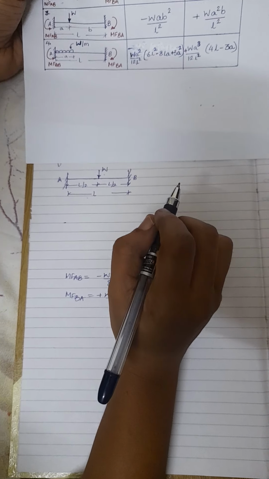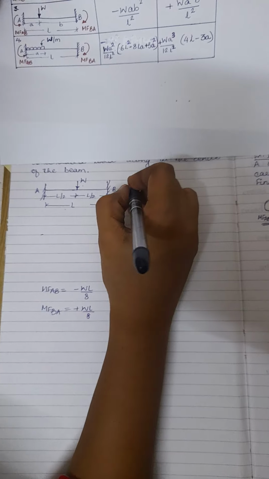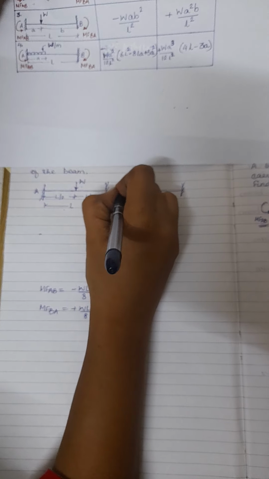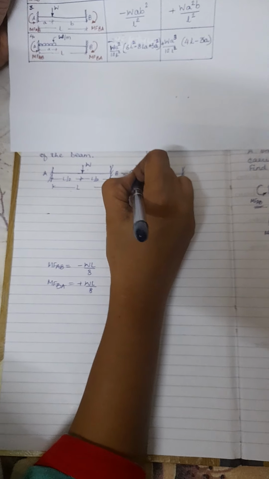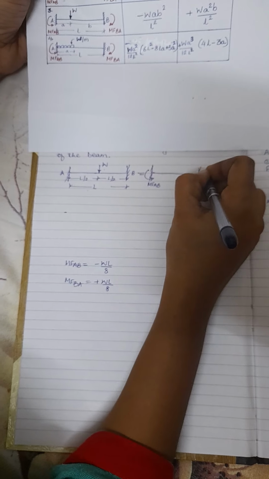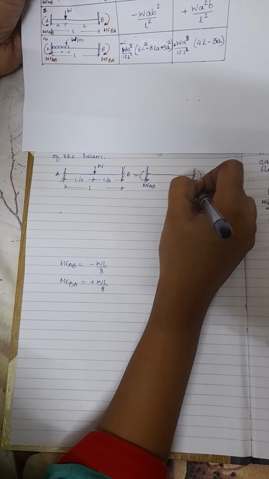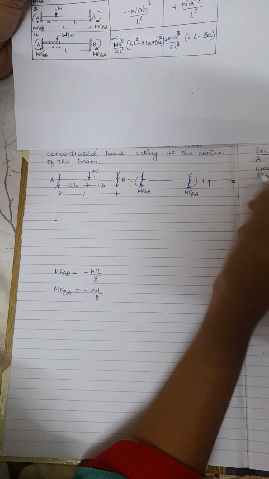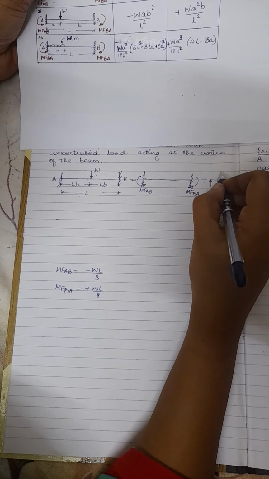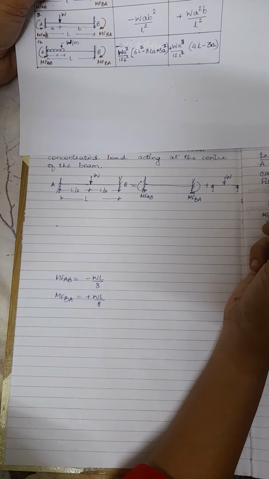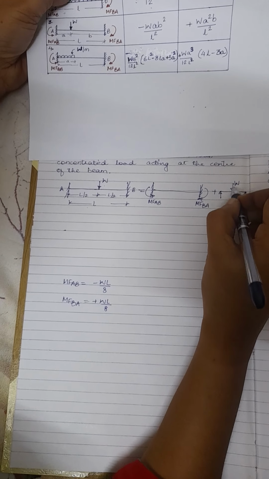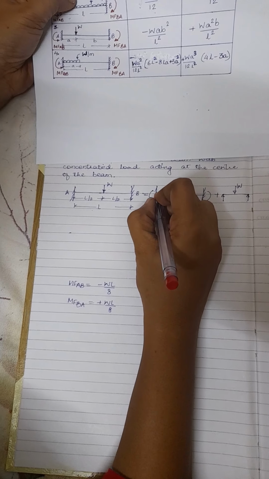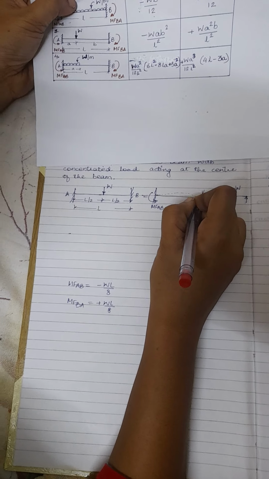First of all, I will draw this in parts to make it more simpler. This is equal to, only because of fixity, we have MFAB and MFBA at the other end, plus, let us make it simple, simply supported condition with W, we have simply supported beam with W. Now in this, as I said, the deflection diagram would be like this.